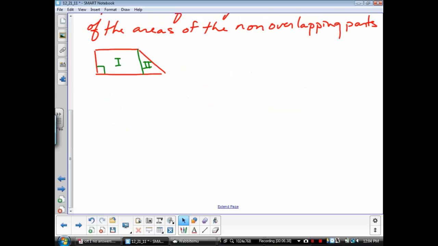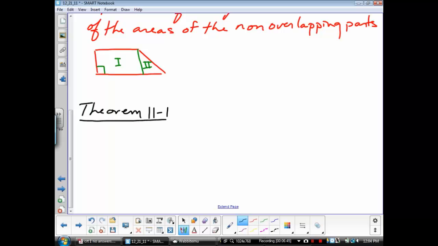Theorem 11.1 is area of a rectangle. The area of a rectangle, because it has right angles, is related to the area of a square.